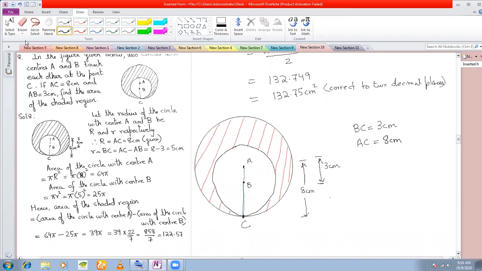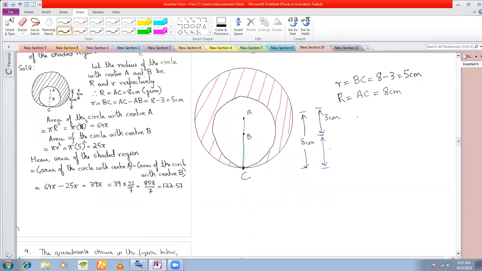And the radius of the smaller circle here is 8 minus 3, not 3 centimeters, because this length will be how much? 8 minus 3 is 5 centimeters. Okay. So let us call the radius of the larger circle as capital R, and let us call this as small r. So what is the area of the circle with center A, the bigger circle?